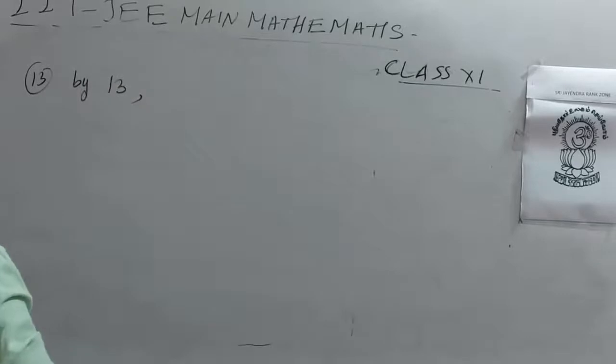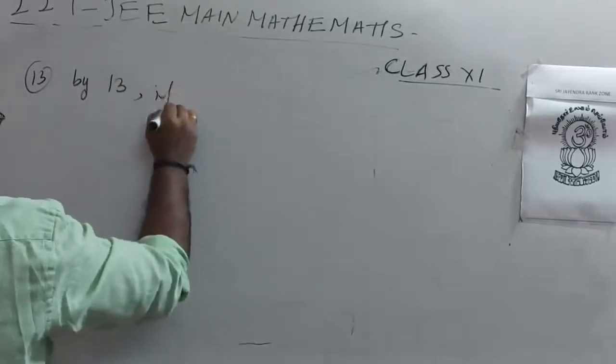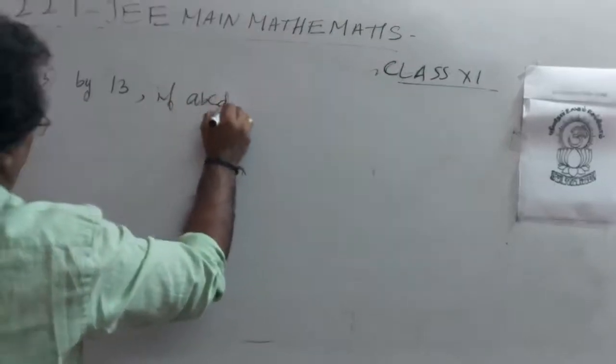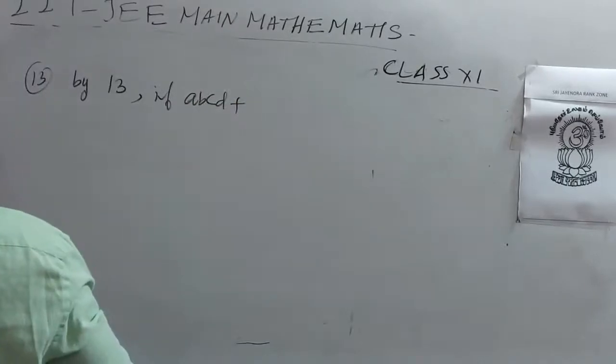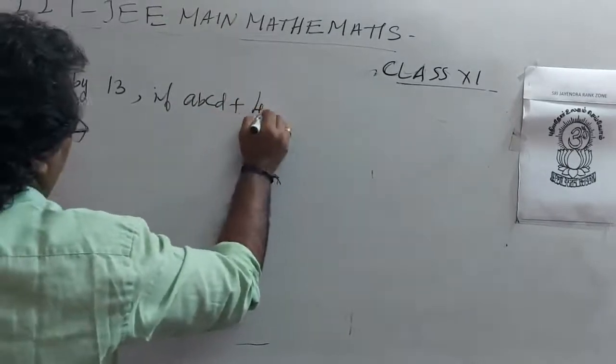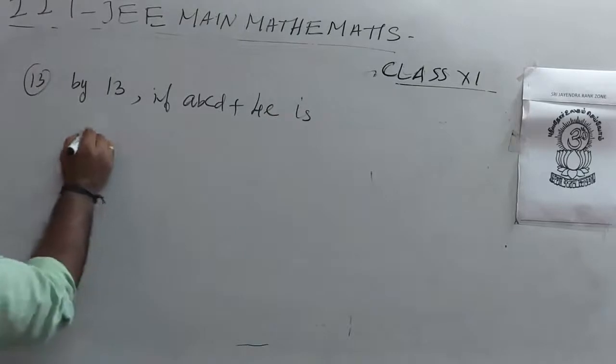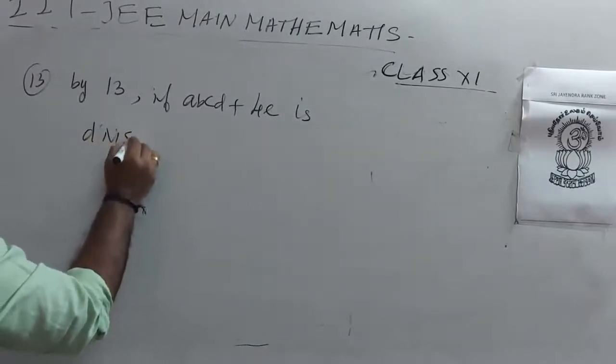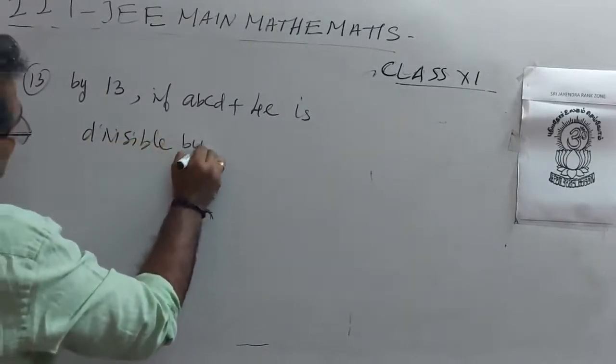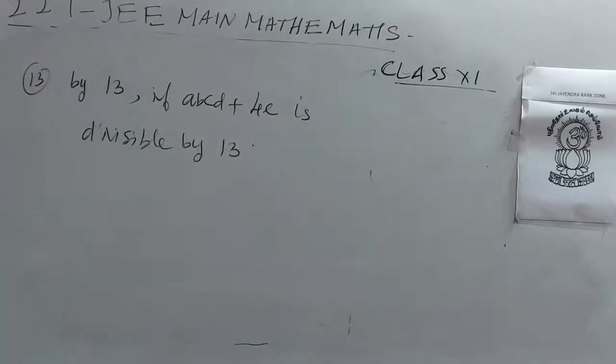By 13, if ABCD plus 4E is divisible by 13.